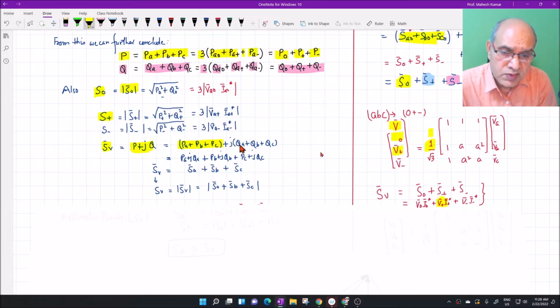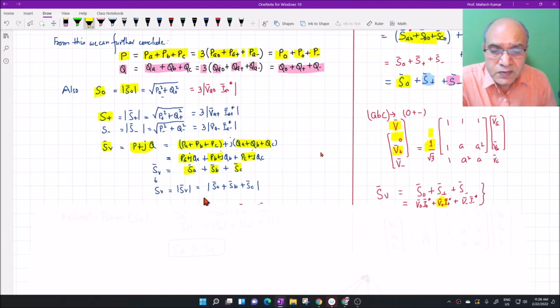So this is the summation of QA, QB, QC, or we can sum them on an individual phase basis, SA, SB and SC. So you see there is a complete equivalence between the symmetrical components as well as ABC components.